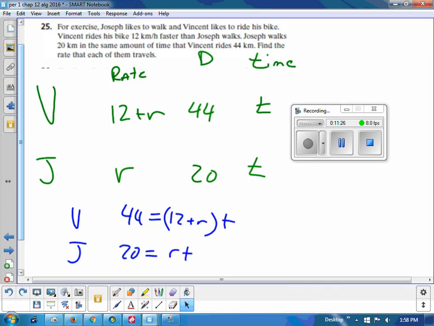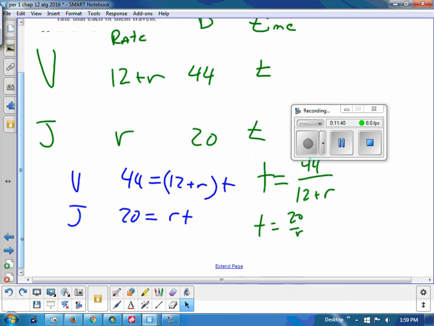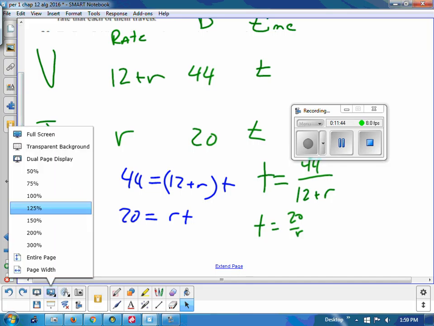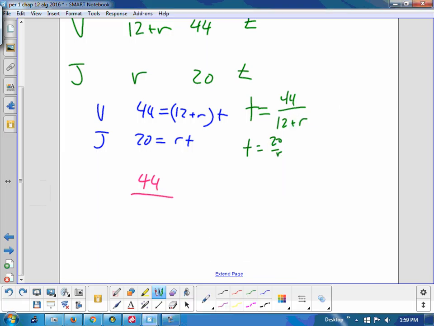Now, if I solve these two equations for T, I get T equals 44 over 12 plus R, and T equals 20 divided by R. So this gives us what we've been working on all day, which is two fractions equal to each other. So we have 44 over 12 plus R equal to 20 over R.